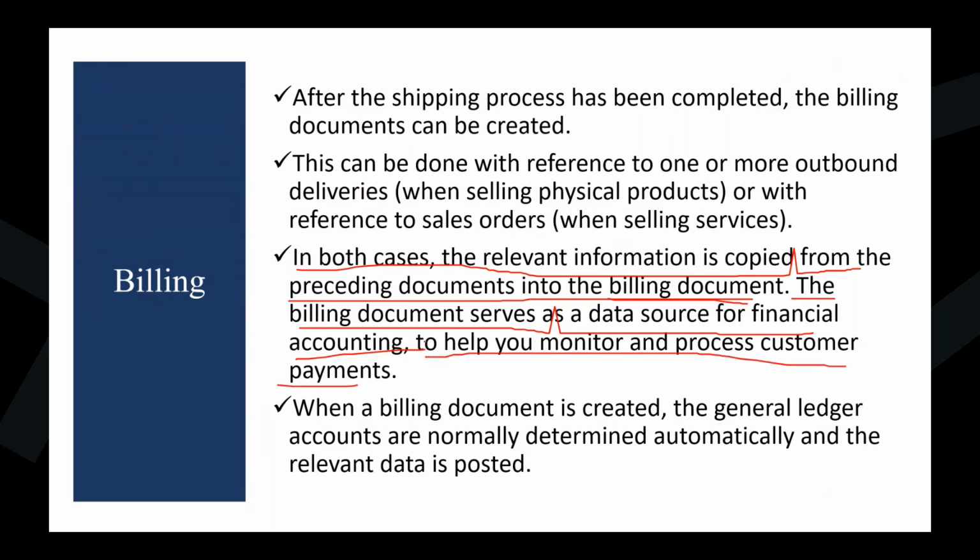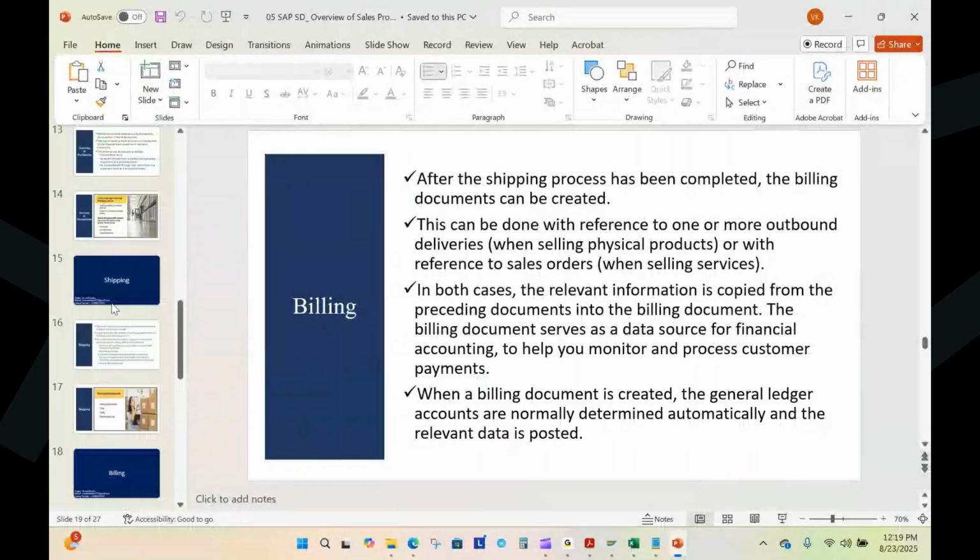This is basically where the interface with FICO starts. When a billing document is created, the general ledger accounts are normally determined automatically and the relevant data is posted.